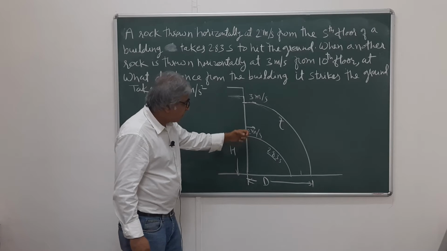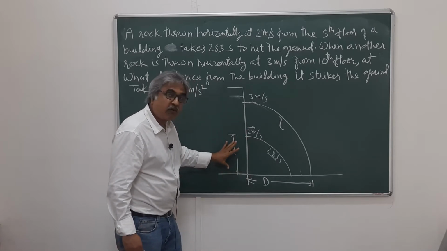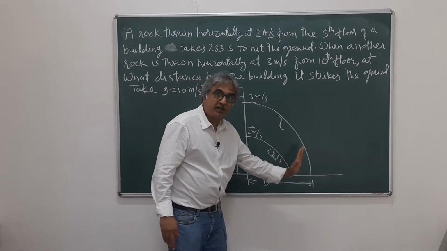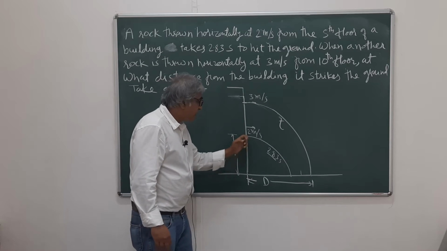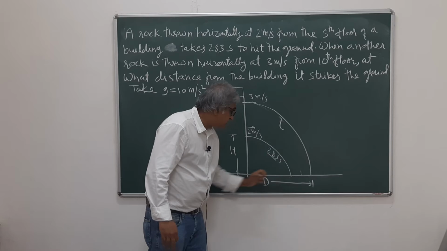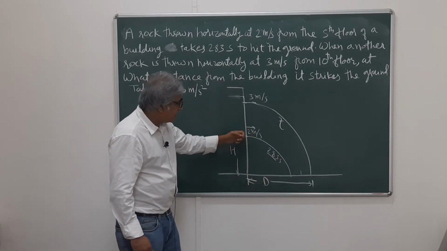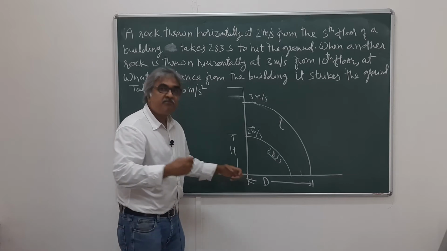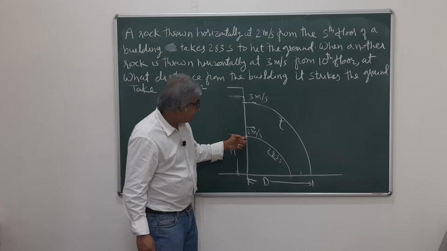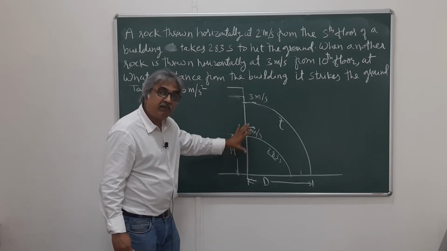The stone is falling down, getting displaced by h, and at the same time it is traveling horizontally. The horizontal displacement takes place in 2.83 seconds, while the downward displacement h also takes place in the same time. So we can find this h by considering the vertical displacement.